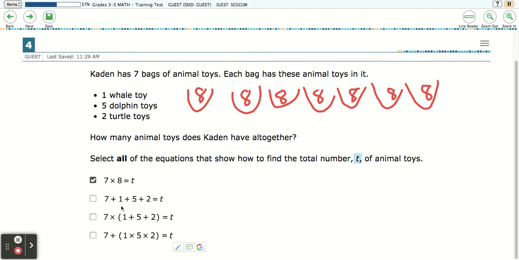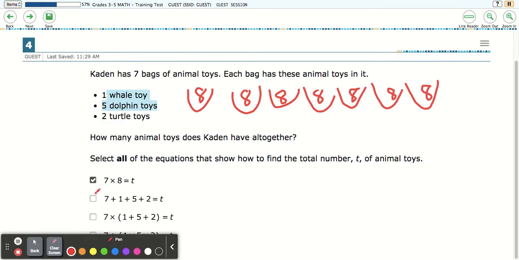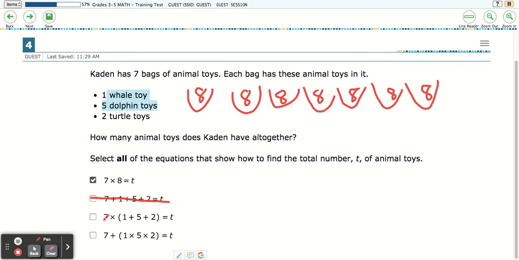So would 7 plus 1 plus 5 plus 2 get me the same thing? It wouldn't. I'm not adding 7, 1, 5, and 2 because there are 7 bags with these in it. So this is not an option right here. This one's not. All right, the other one says 7 times 1 plus 5 plus 2.